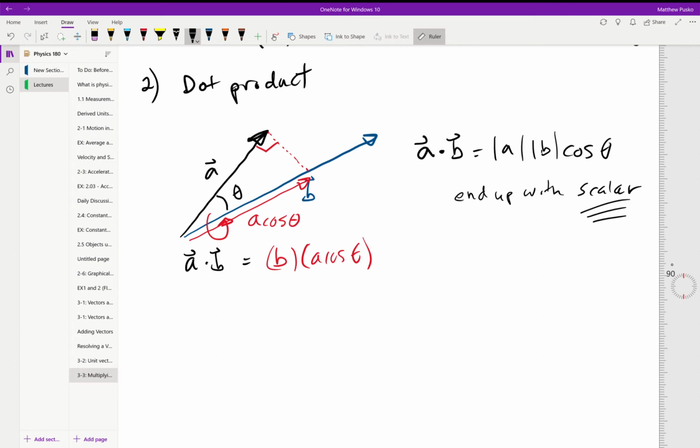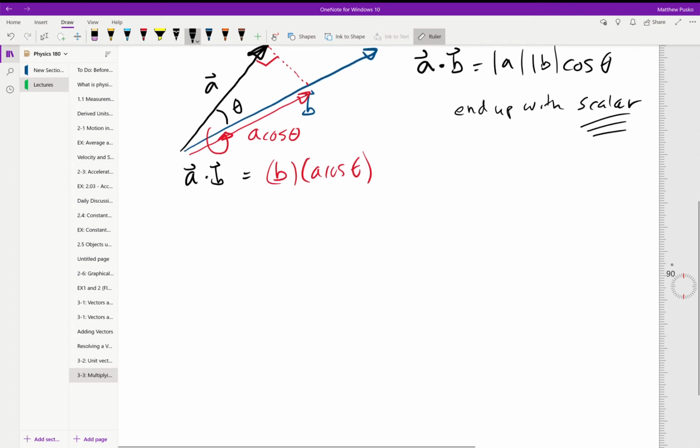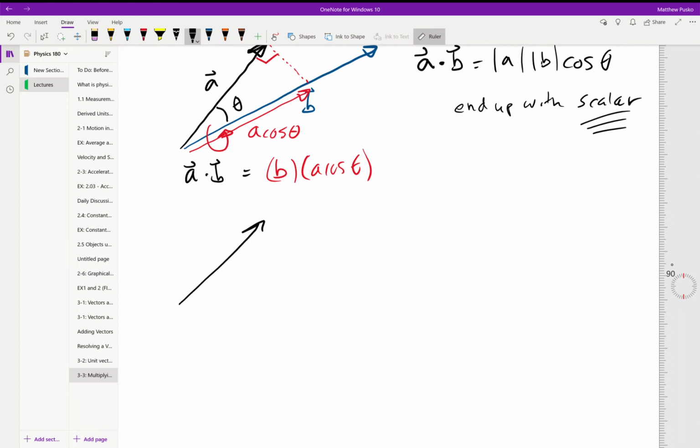Another way to think of it would be to take those vectors, redraw them, a and b, and if I projected at a right angle the amount of this one, that would give me this vector as b cosine theta.